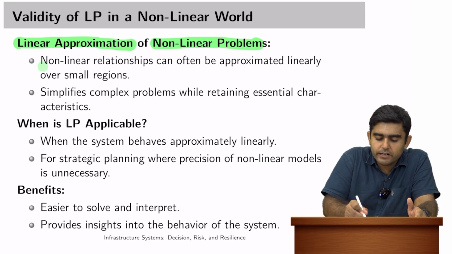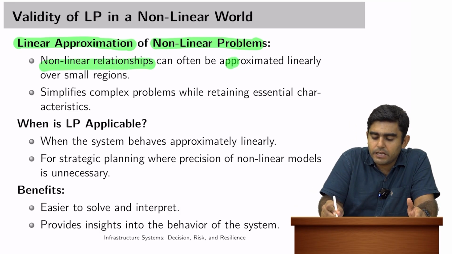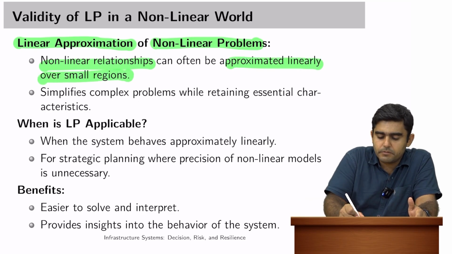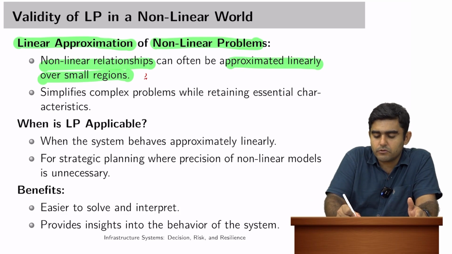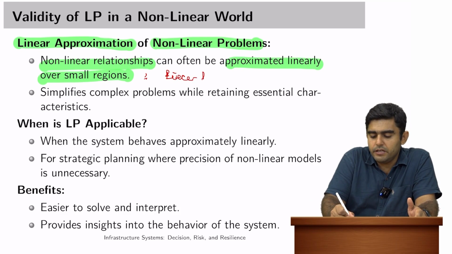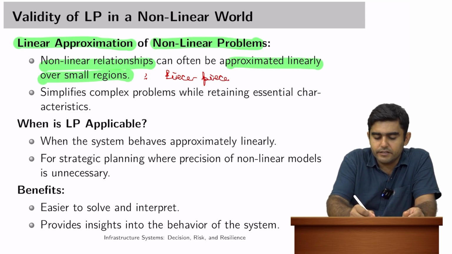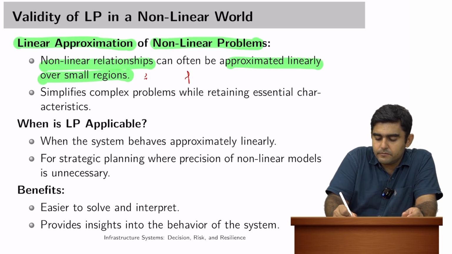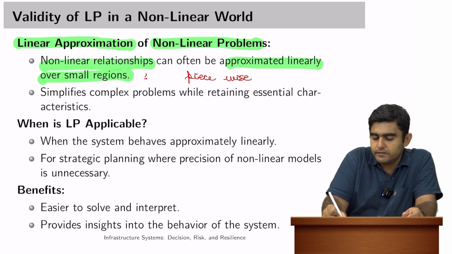So nonlinear relationships can often be approximated linearly over small regions. Sometimes in simple terms we also say that most of the nonlinear functions can be thought of as piecewise linear. I will just rephrase it and rewrite it, piecewise linear.